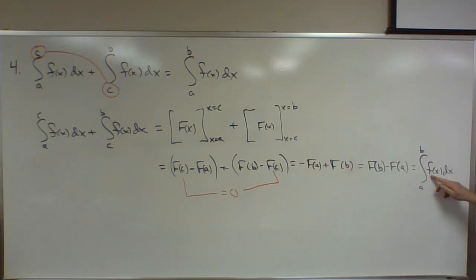The integral of little f of x dx, we take the antiderivative, capital F, evaluated at b, capital F of b, minus evaluated at a, capital F of a, subtract one from the other.